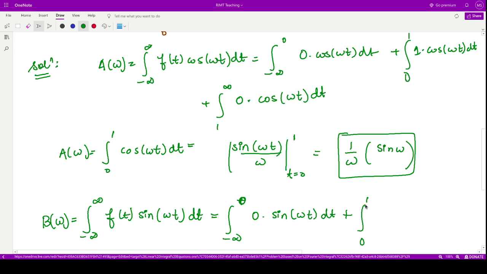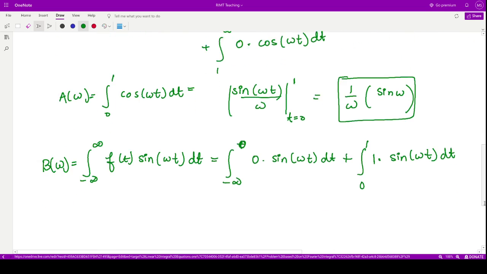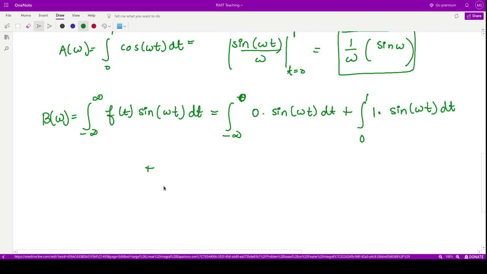The second integral is from 0 to 1, where the function's value is 1, so we have 1 times sin omega t dt. For the third integral, from 1 to infinity, the function's value is 0. So we are only left with the middle term, sin omega t dt.